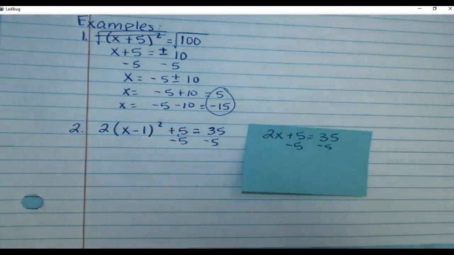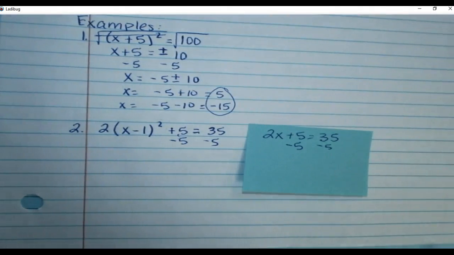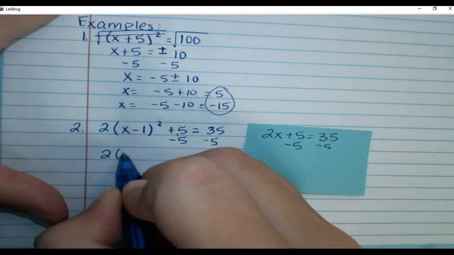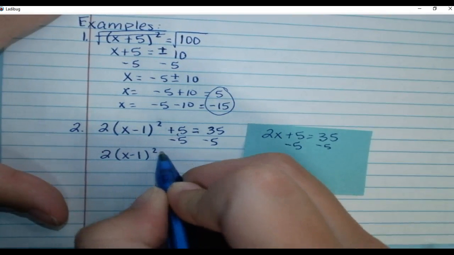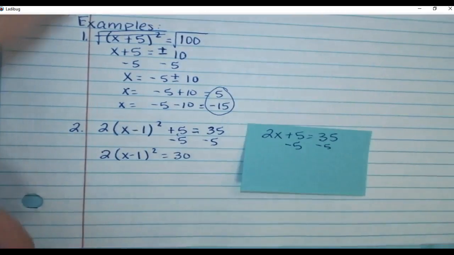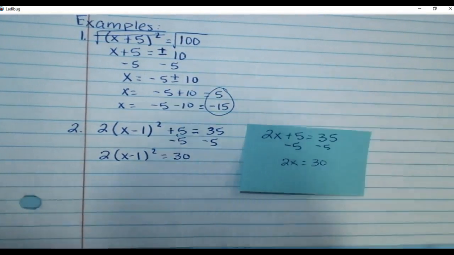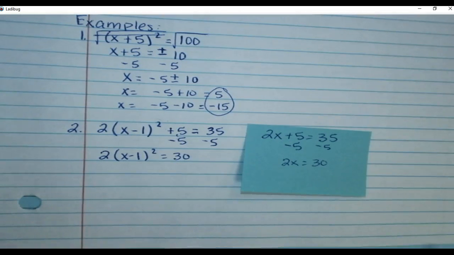So you kind of pretend like those parentheses are one little unit. So you can't separate them to begin with. You're just going to solve it. So then that leaves me 2(x minus 1) squared equals 30. So then over here I would have 2x equals 30. So then what would I do?